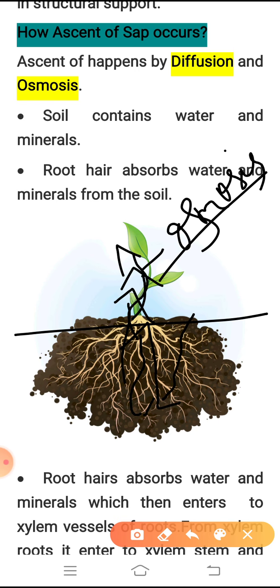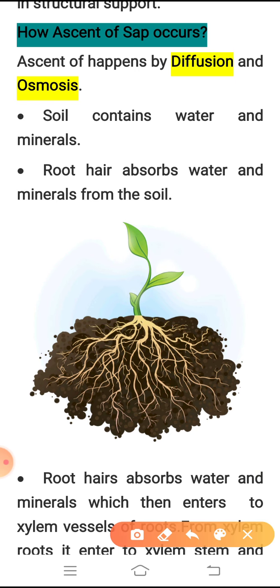When this water is entering the leaf veins, the tracheids and vessels which are present near the leaves support the entry of water to the various parts of the plant. So here, as you have seen, xylem helps in the upward movement of water and minerals to the aerial parts of the plant. So this is how the ascent of sap occurs.